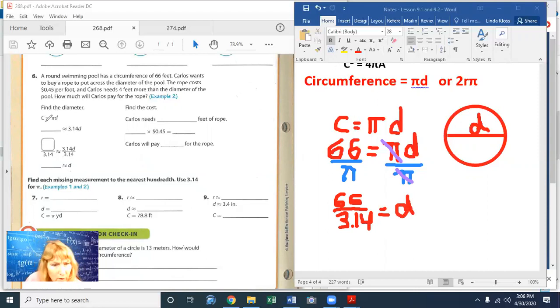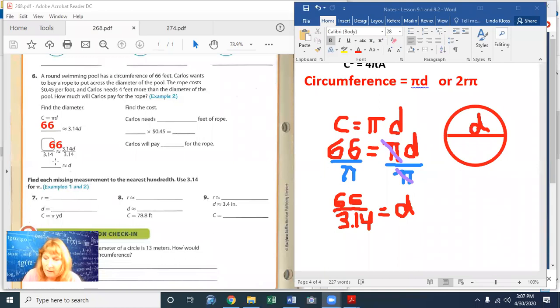I think they wanted this to be 66, and they wanted 66 on top over here, just like we did. Just kind of helping you out a little bit there.